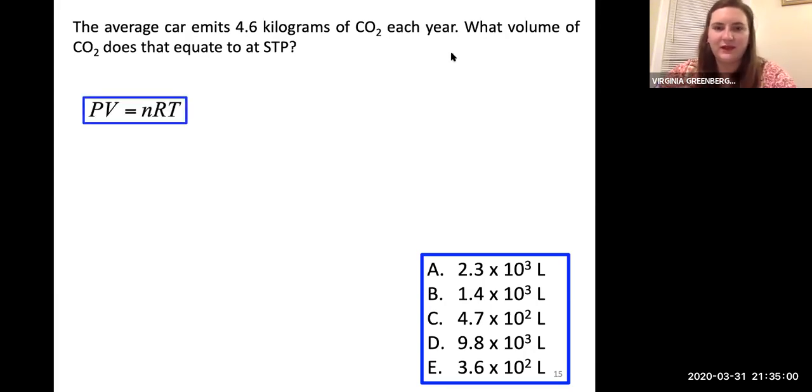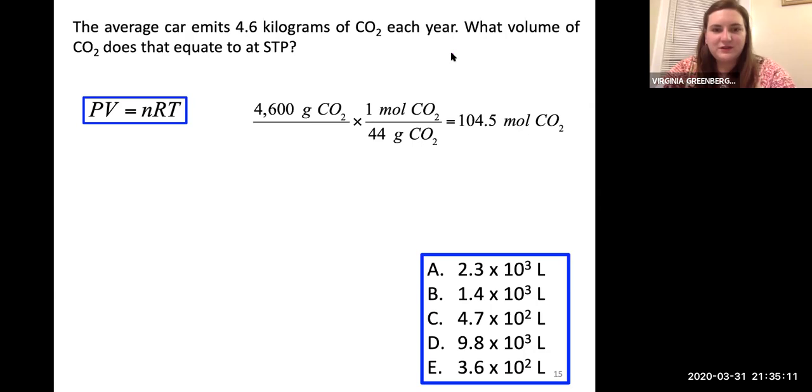So we know that we can relate moles of a given gas to volume through PV equals nRT, one of our new favorite equations. In order to do that, we need to convert the grams of CO2 into moles.